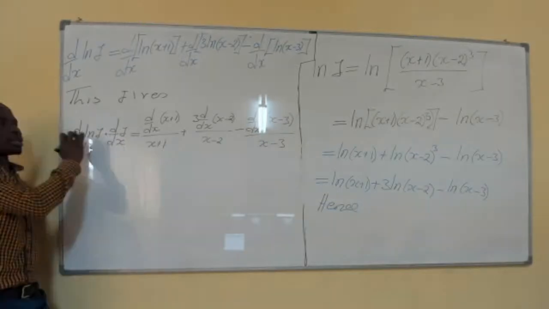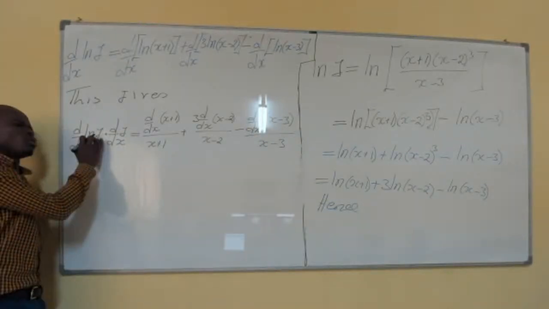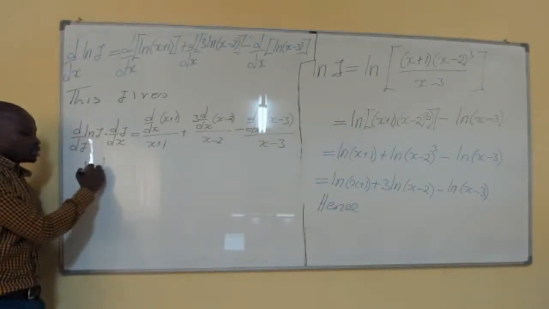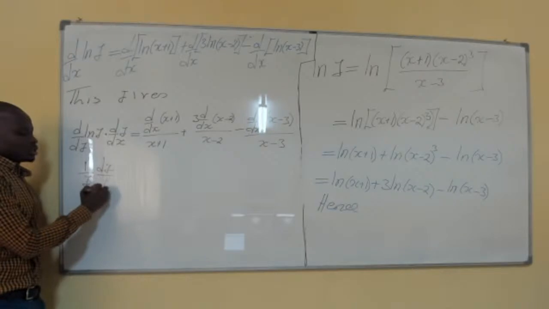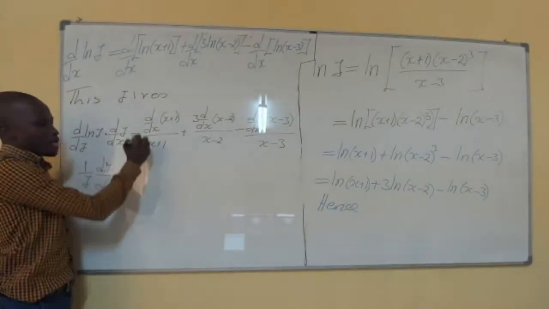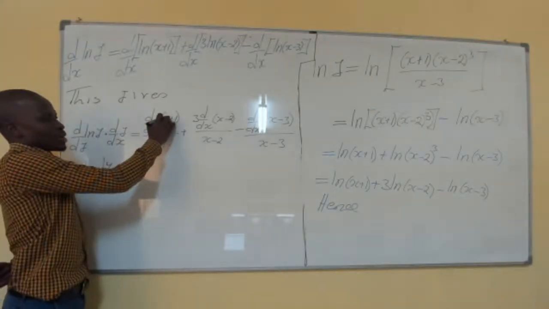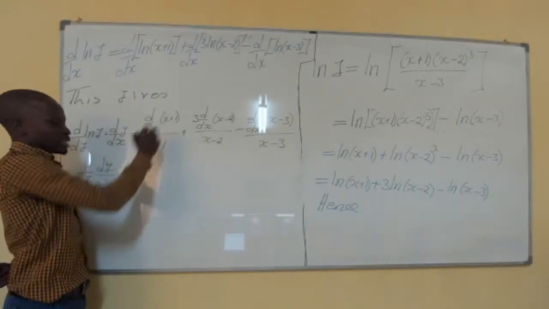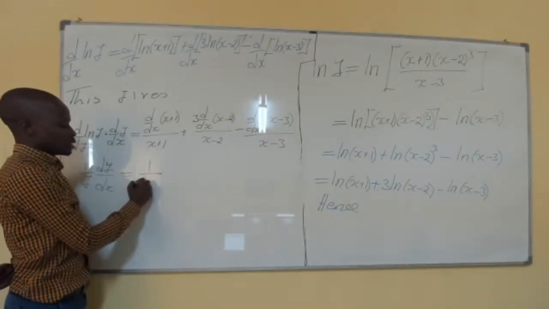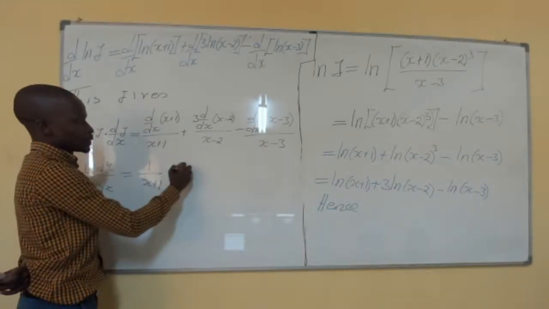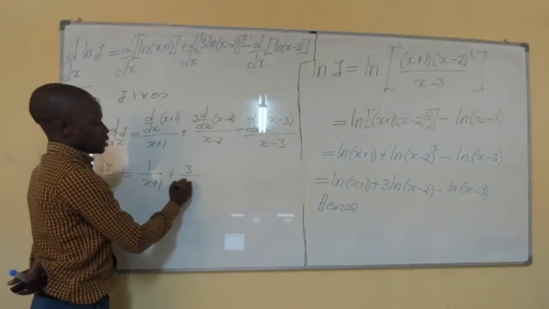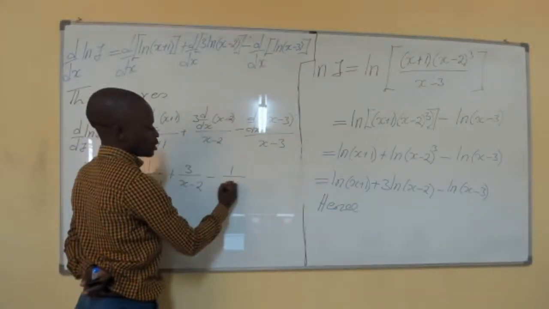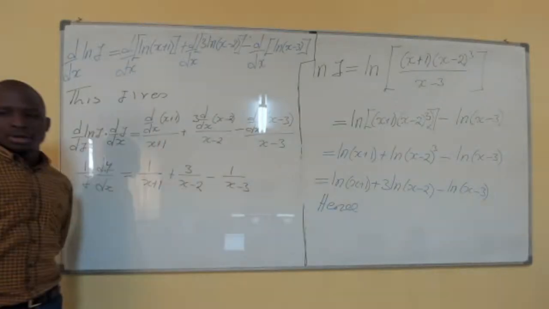Now, the derivative of ln of y with respect to y is 1 over y, times dy/dx, which is equal to the derivative of x plus 1 with respect to x. The derivative of x with respect to x is 1. The derivative of 1 is 0. So we are going to have 1 over x plus 1 plus 3 over x minus 2 minus 1 over x minus 3.